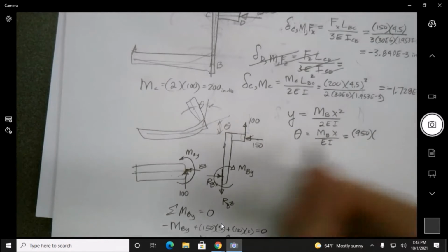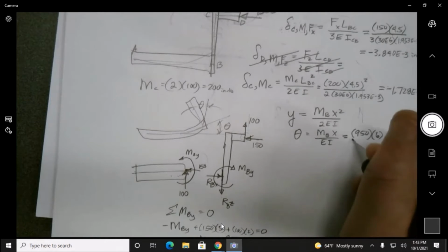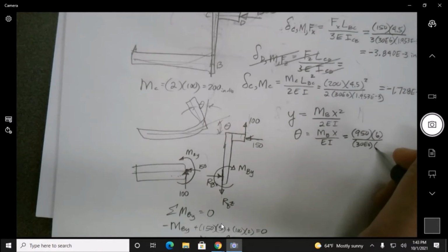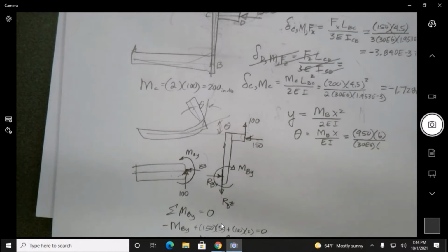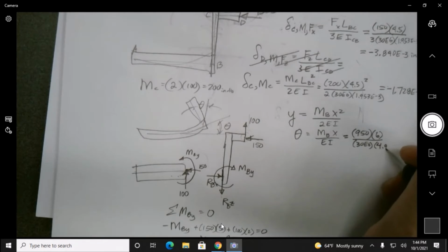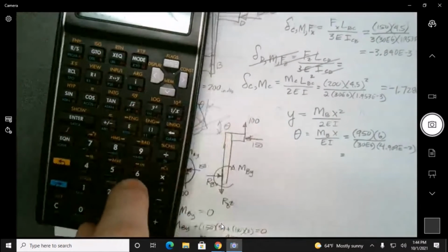950 times L, which is 6 inches, divided by 30E6. And the moment of inertia is going to be the one with the 1 inch, right? So that's 4.909 E minus 2. And these are going to be in radians.